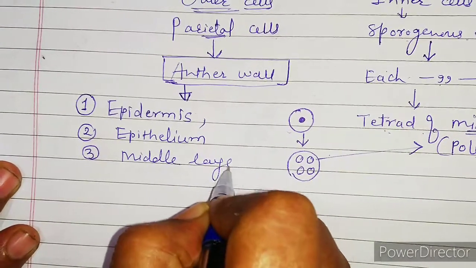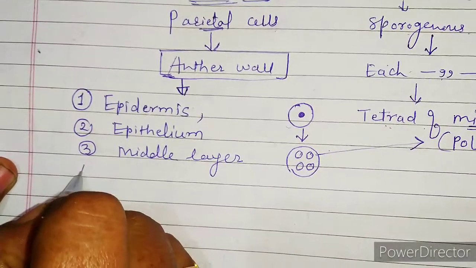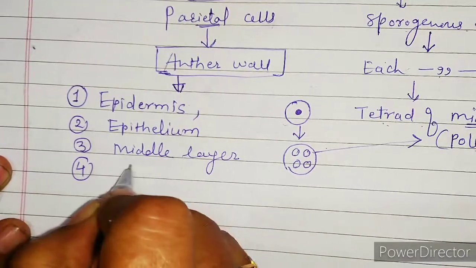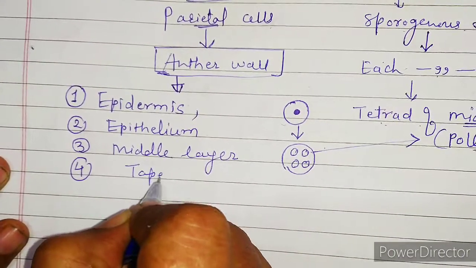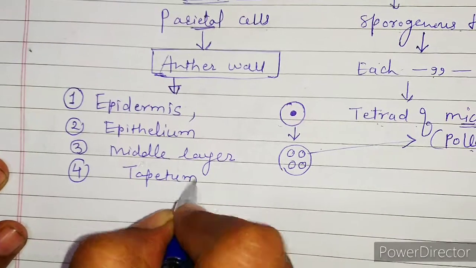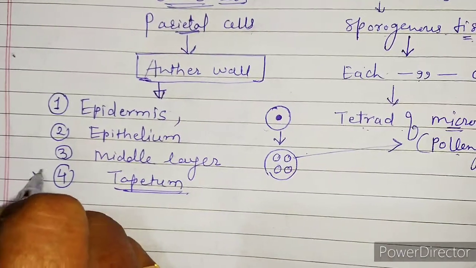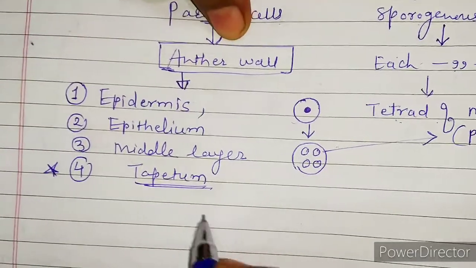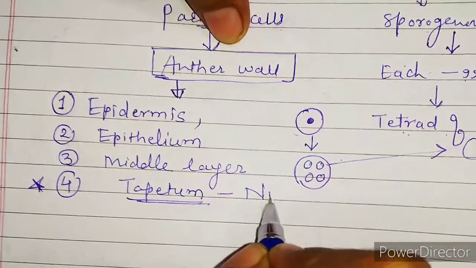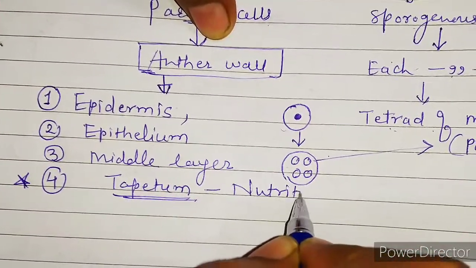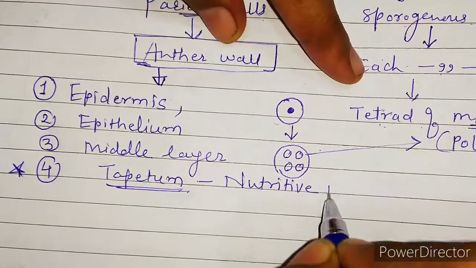Actually it is a 1 to 2 layered structure, and then the fourth one is tapetum. So the tapetum layer is inner to the middle layer, and this is the important structure in the wall of the anther because tapetum is nutritive in function.